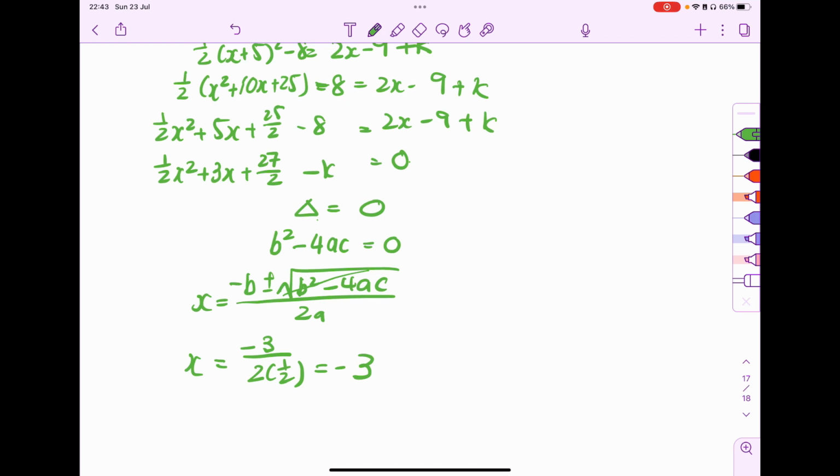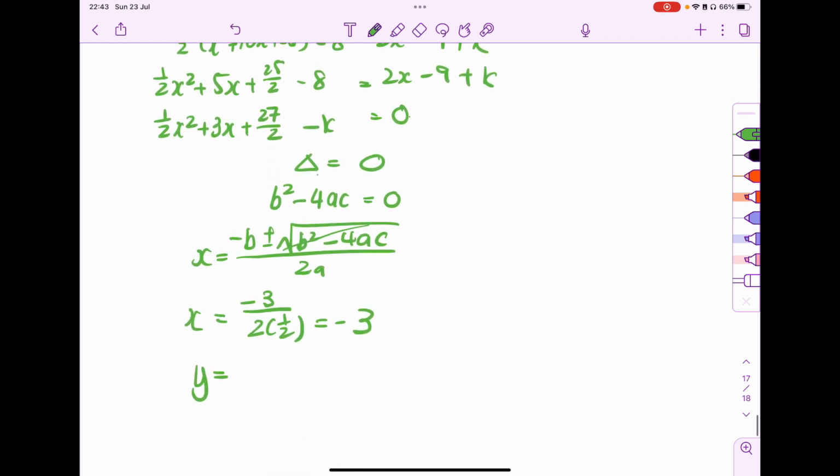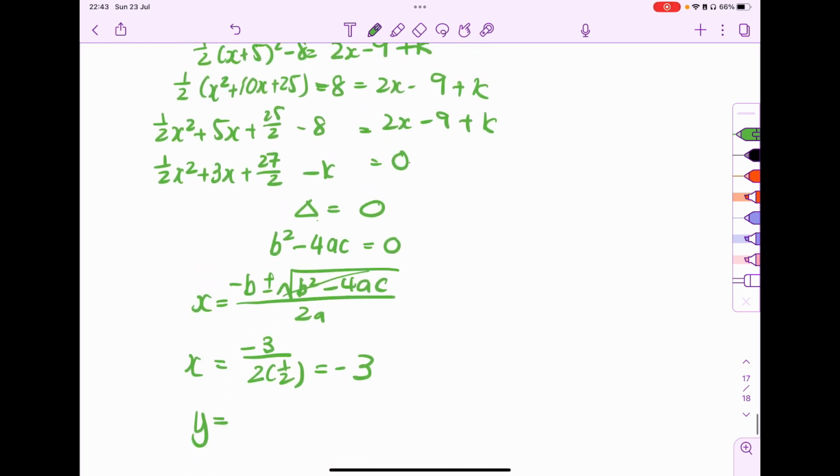Now y would just be substituting this x value into our f of x.